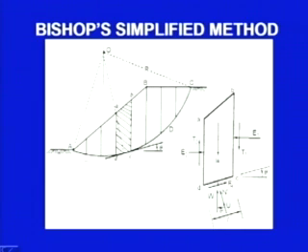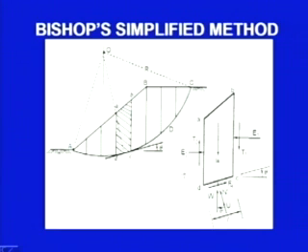This is a trial circle which we have taken, and then we have divided the mass into some number of slices, and this is, let us say, the slice under consideration. This is the line joining the point O with the midpoint here at the sliding surface. Inclination of the base is theta degrees, and this slice is shown here.